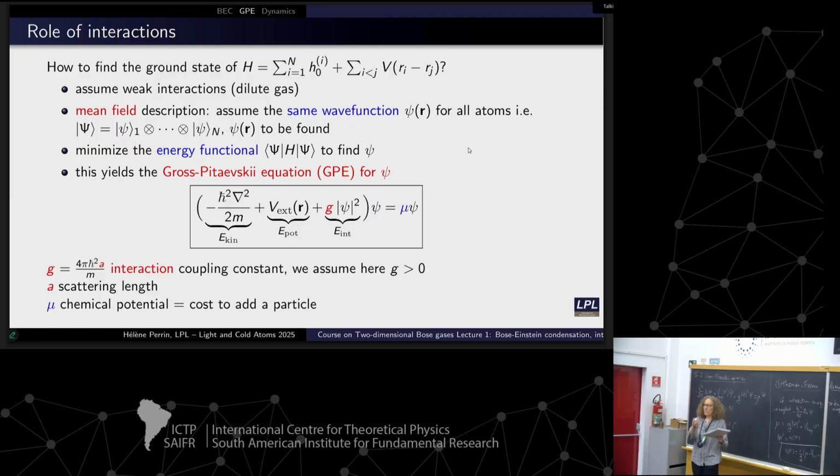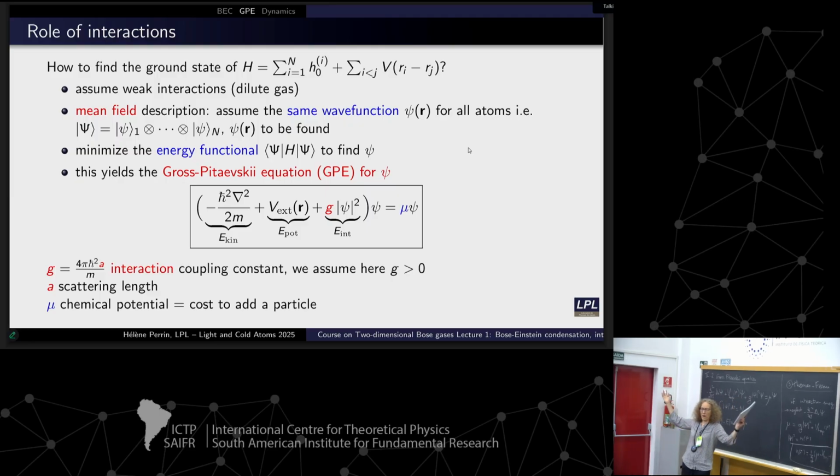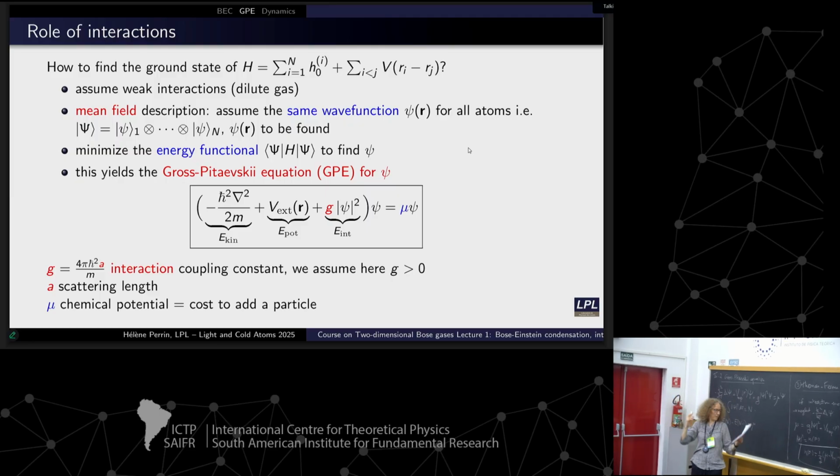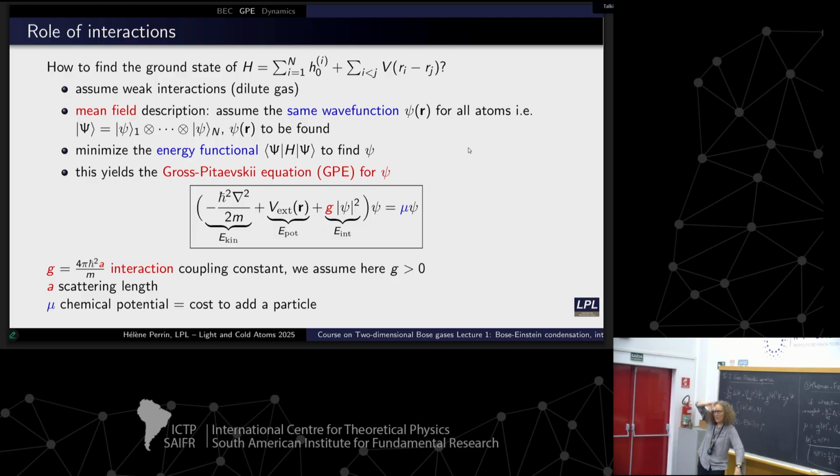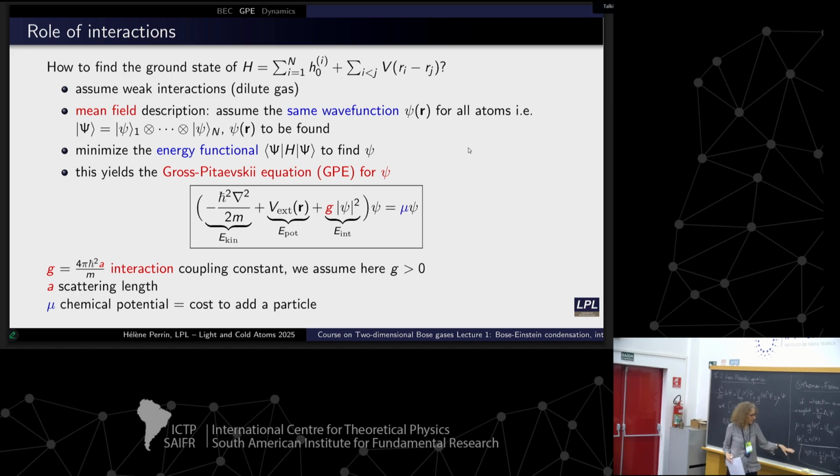So if the atoms are in a harmonic trap, which is a parabolic shape, the shape of the cloud is just the reverse, so an inverted parabolic shape. And so this is valid up to the point where the density is still large enough for this term, g times density, to be larger than the kinetic energy.